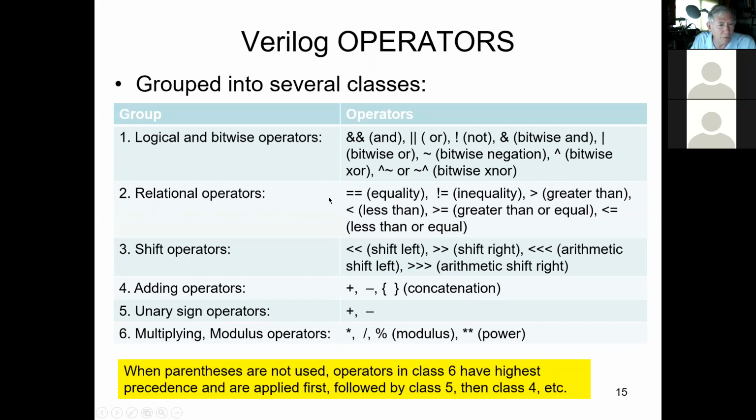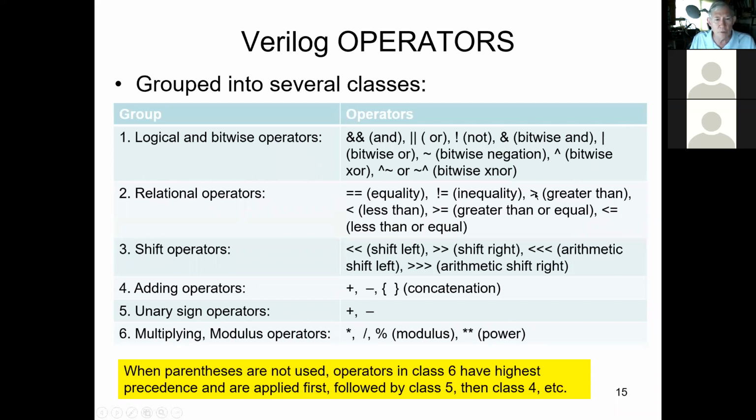Okay, relational operators. We have equality. Remember, if you just put an equal sign in C, you actually set the left-hand side equal to the right-hand side and generate a logical result as well. So you have to use a double equal sign if you just want to compare them.